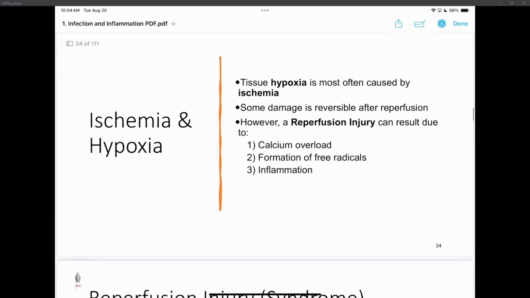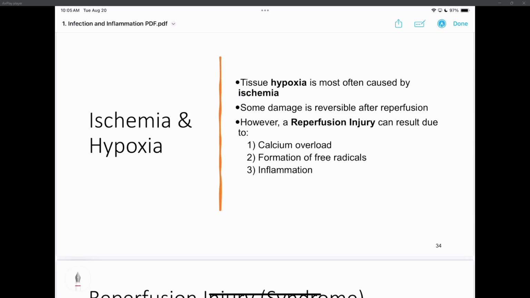So, ischemia and hypoxia. Tissue hypoxia is referring to what? Lack of oxygen, caused by ischemia. What is ischemia? Lack of blood, not oxygen, just blood in general.